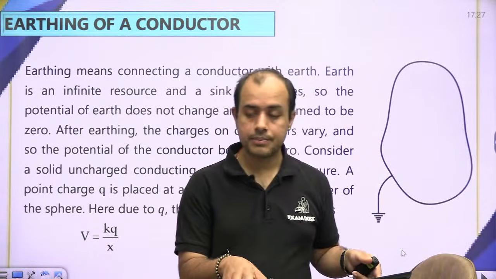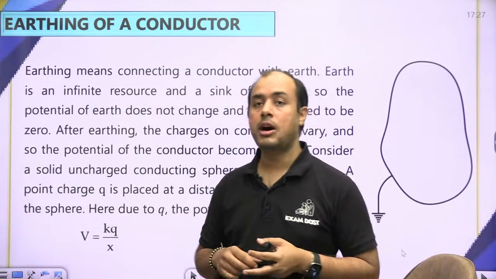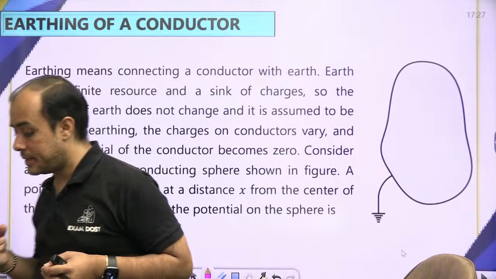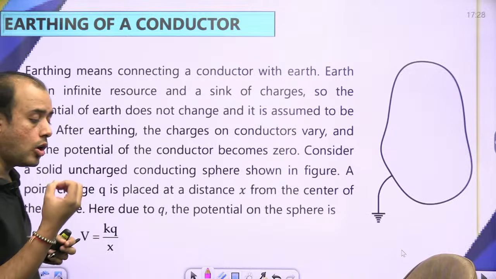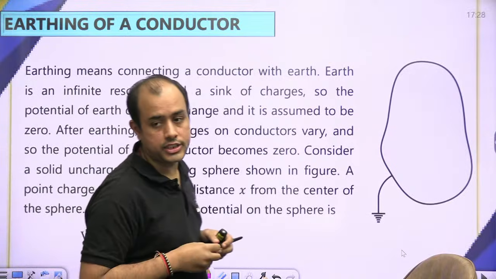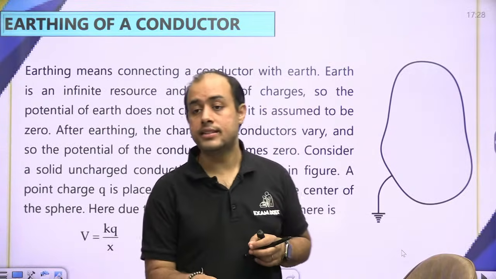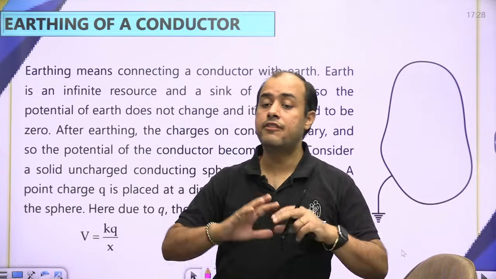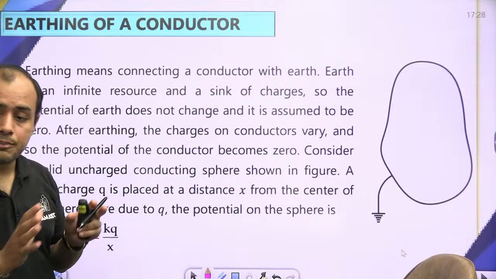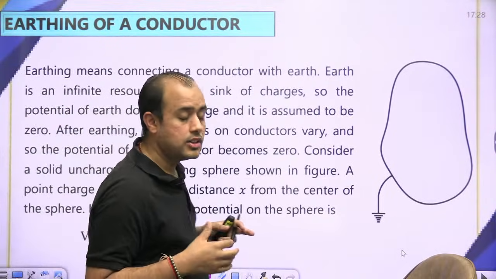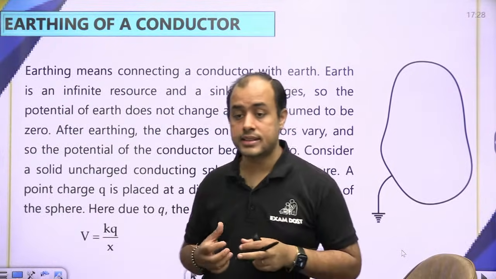ये समझ में आया? Now if we talk about earthing माने बेटा connecting a body to the earth, earth is always taken at zero potential. So we assume beta that earth is an infinite reservoir of charge. It has equal amount of positive and negative charge. So the net charge on the earth is zero.